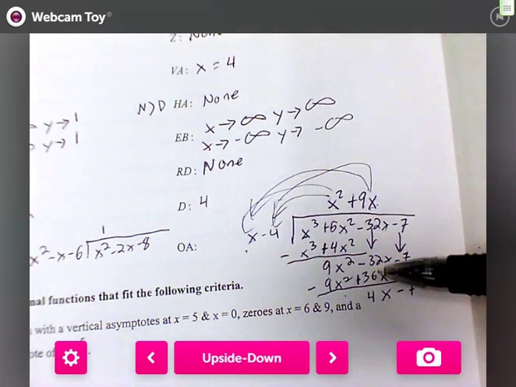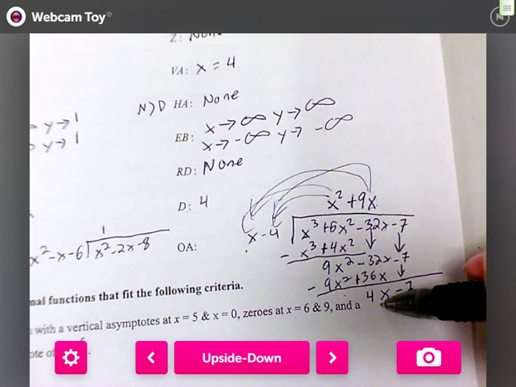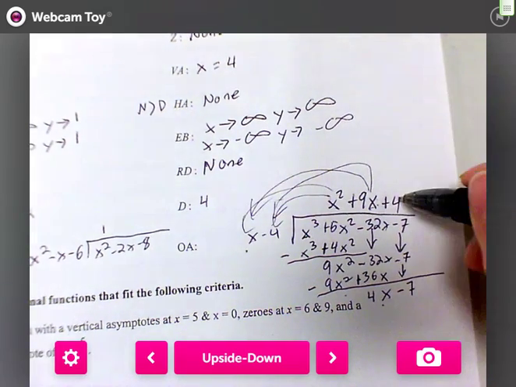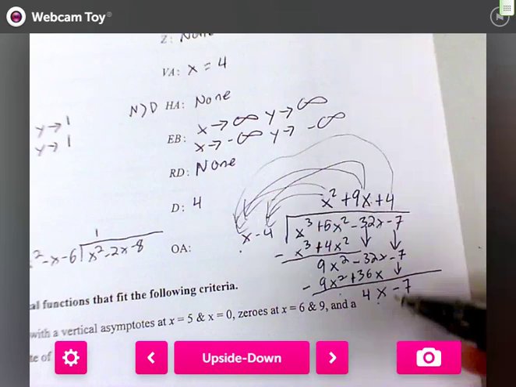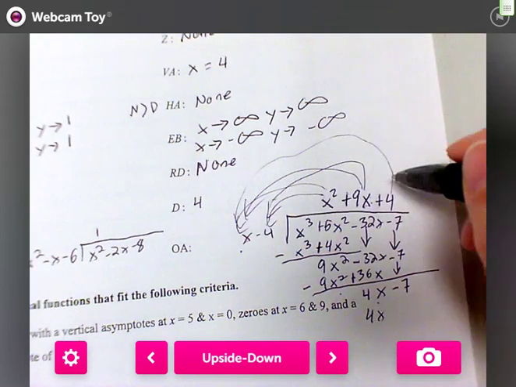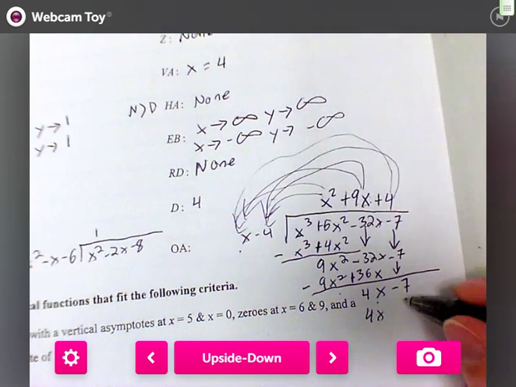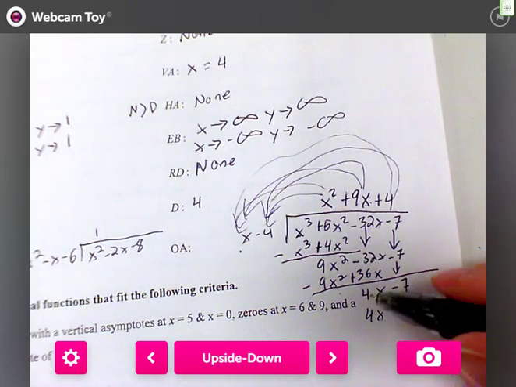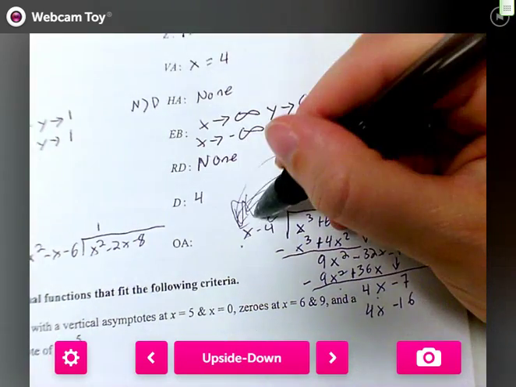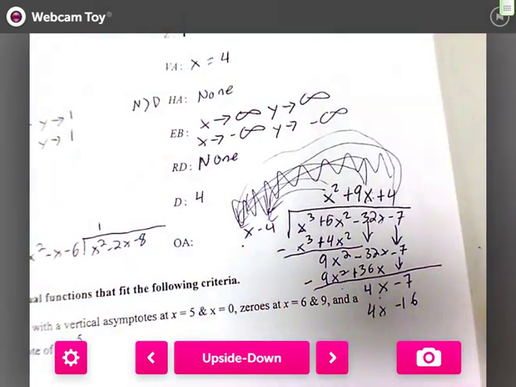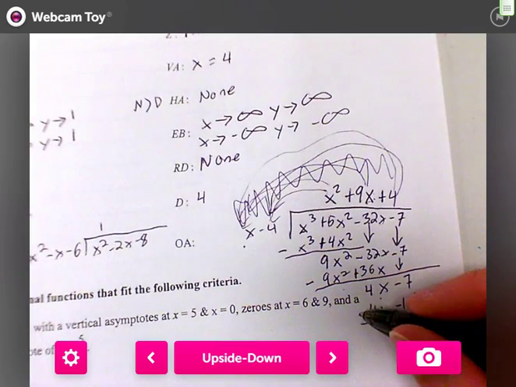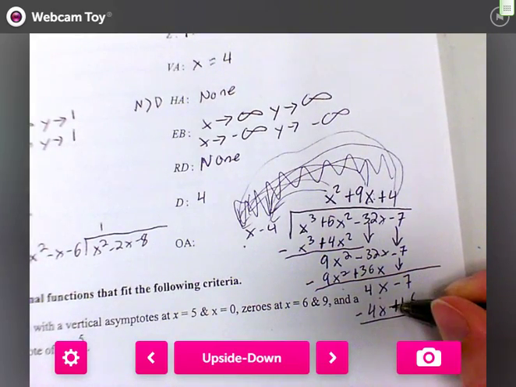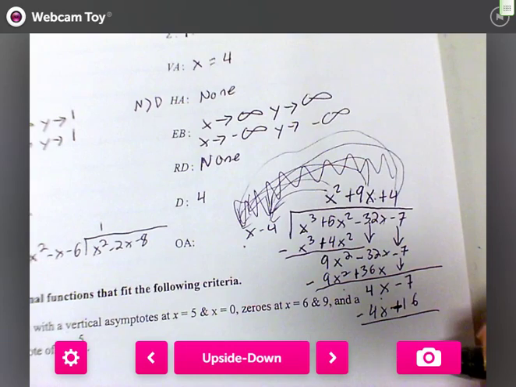X times what gives me 4x? 4. So I'm going to go 4 times x gives me 4x. 4 times negative 4 gives me negative 16. Just ignore them then. It was just to help you. Then I'm going to change my signs and go down.